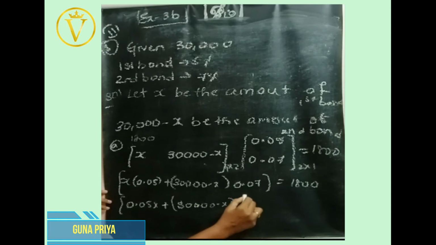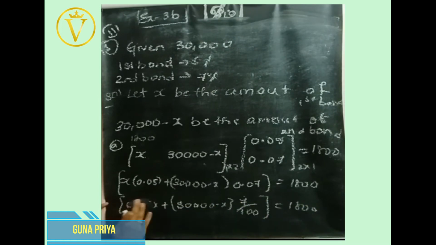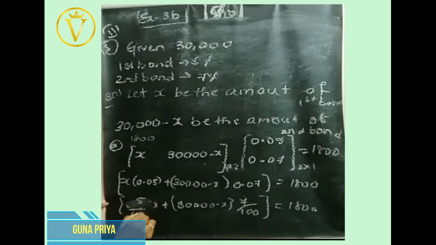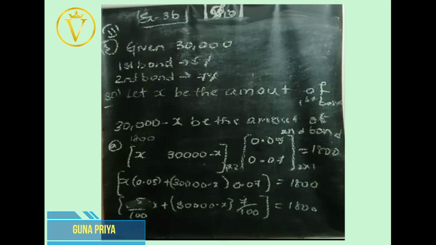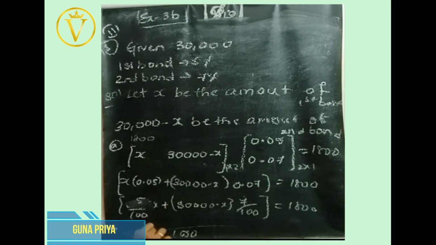Now why make it very difficult? We'll do a simple method. Convert like this, equals 1800. Now take the LCM, that means 100.